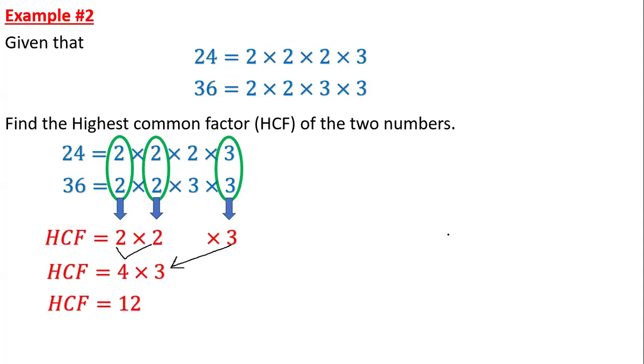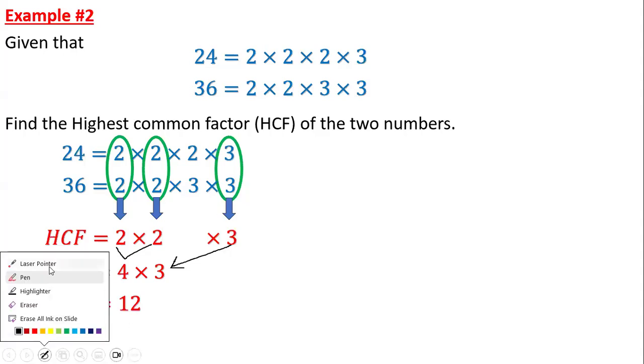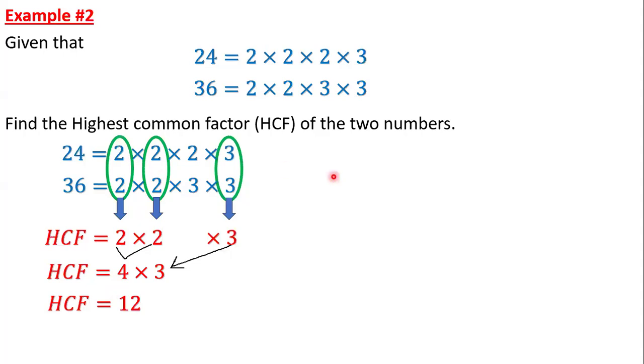Deontay Smith, are you writing this down? Do you understand how we got our answer? Explain how I got 12. Start from the top. So we rewrite the prime factors of 24 and 36, then we group the factors that are common in both numbers, and then we multiply.